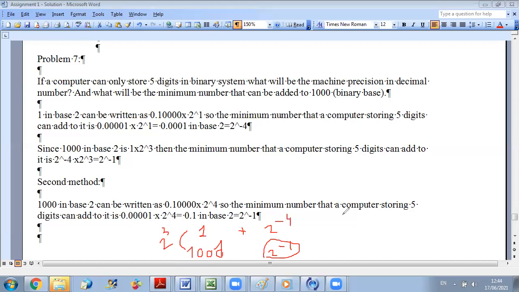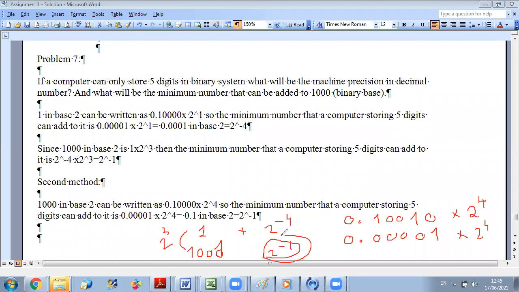Okay, if I do the analysis, I put 0.10010 times 2 to the power 4. Okay, it will also be the minimum number that could be added to it, which is 0.00001 times 2 to the power 4, which is 2 to the power minus 1.